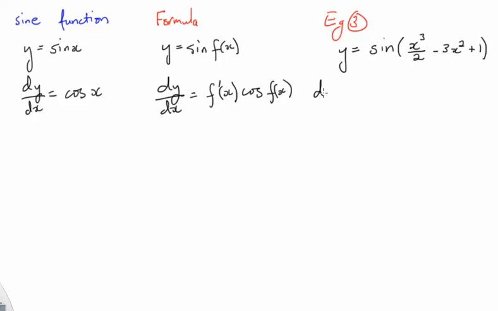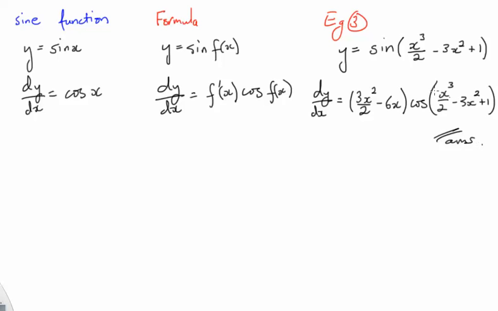Well, the derivative of that equals, well, we bring the power down, subtract 1 from the power, so we've got 3x squared on 2 minus 6x, and 1 goes away, so that sits out the front here, and then you just write cos and that function. And that's your answer. Looks complicated, but it's actually not too bad.